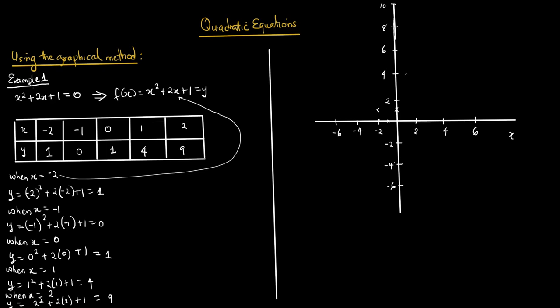Okay, good. And then finally, when my x is 2, my y is 9, so I should be going up somewhere there. So if I plot that graph, I should be getting something that looks like this.